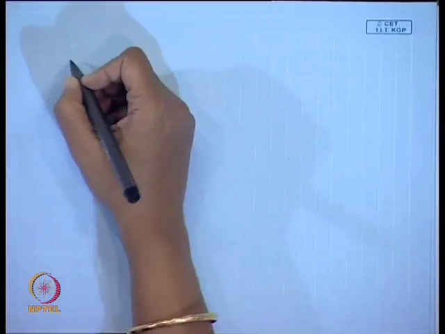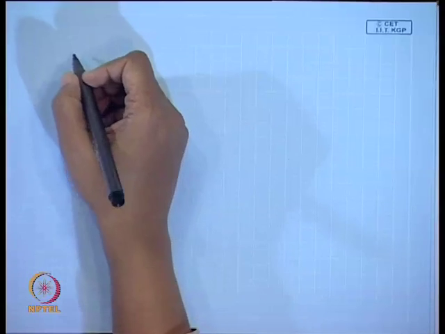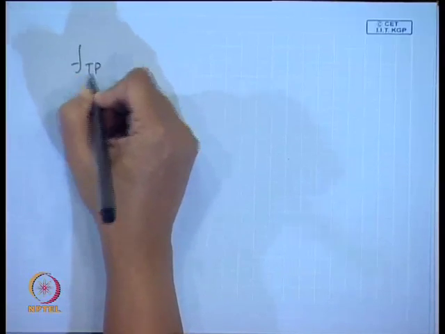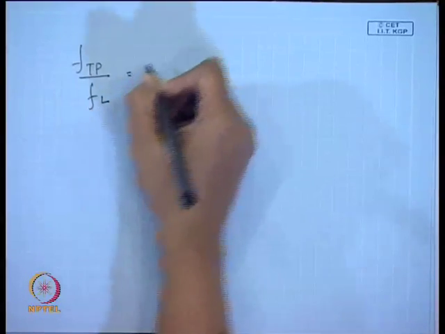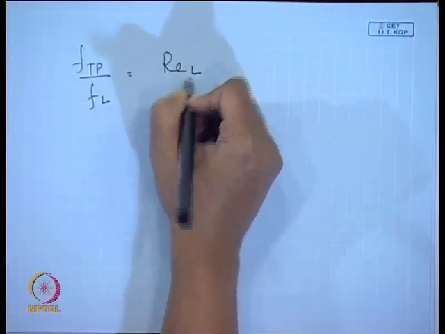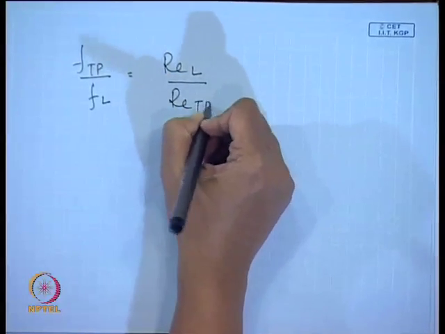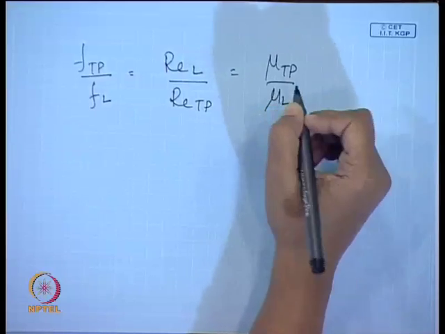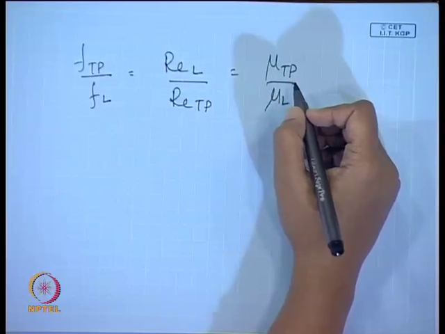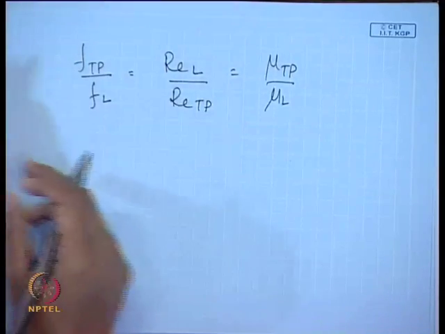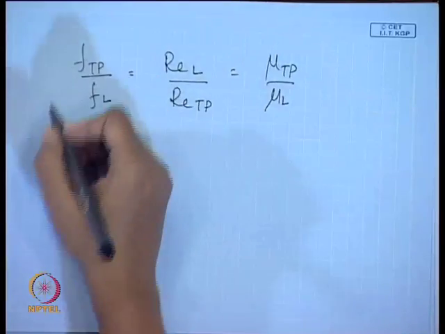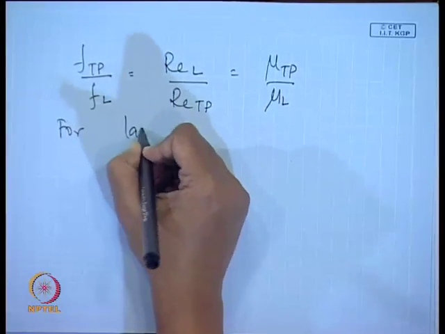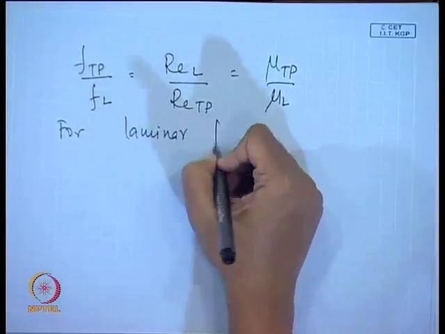We can assume that FTP by FL is equal to REL by RETP, which is nothing but mu TP by mu L. So for laminar flow we can use this particular expression.